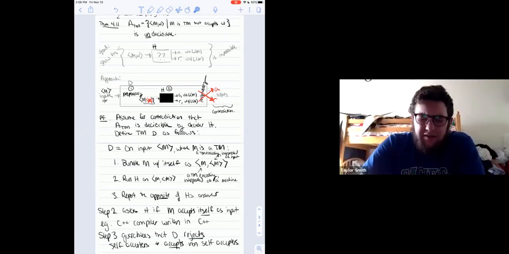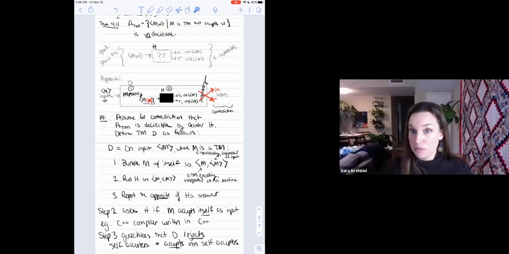So if I have a Turing machine that recognizes just strings that are all ones, then encode that machine.